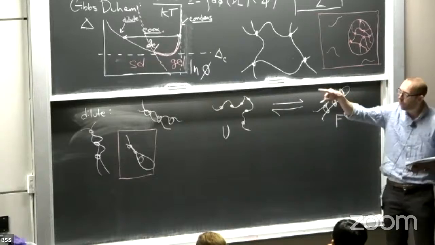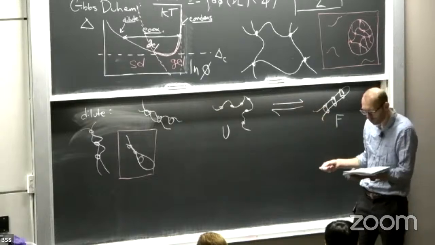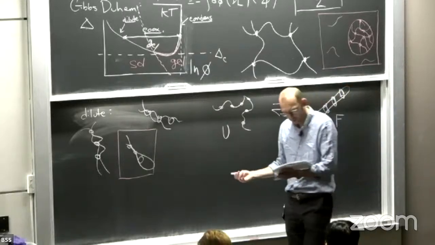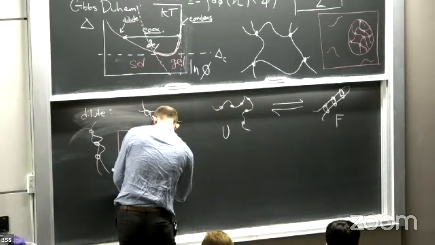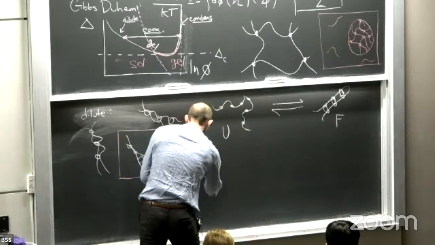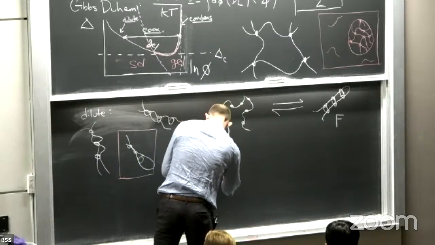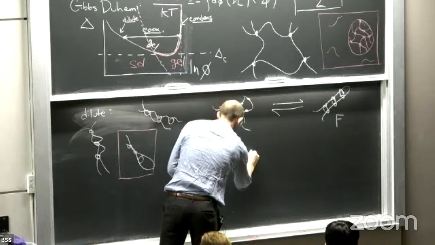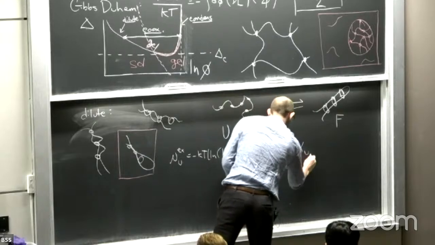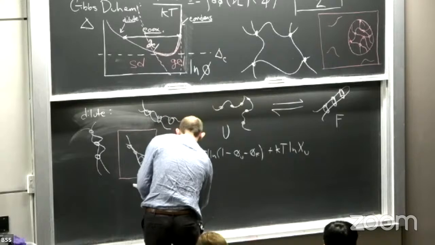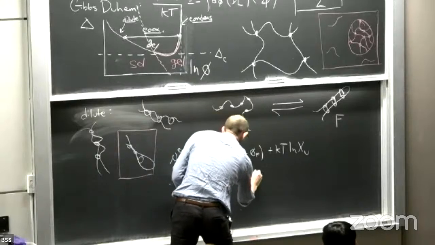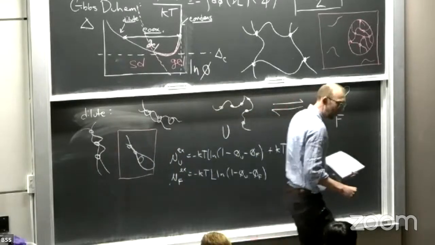And then we just want to generalize what we've done for this excess chemical potential. So it now depends on whether we have a folded state or an unfolded state. So we can write this.